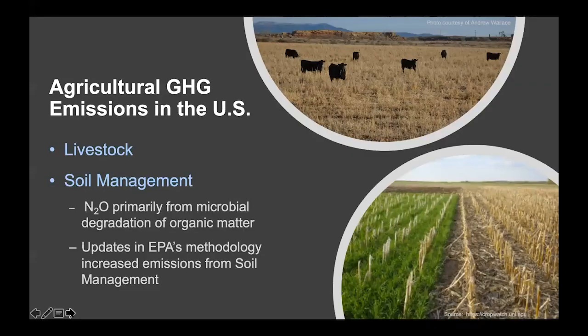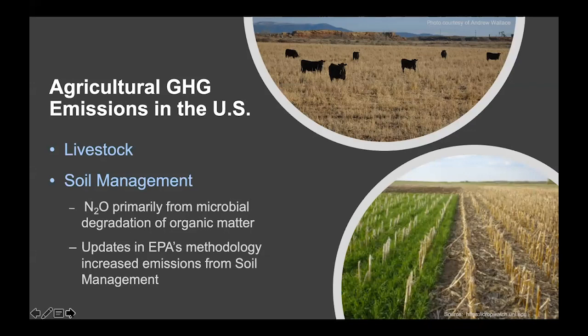So as we now look at agricultural emissions in the United States, the two primary sources are livestock and soil management. Soil management is really mostly from the nitrous oxide that's being produced from the microbes as they decompose organic matter.